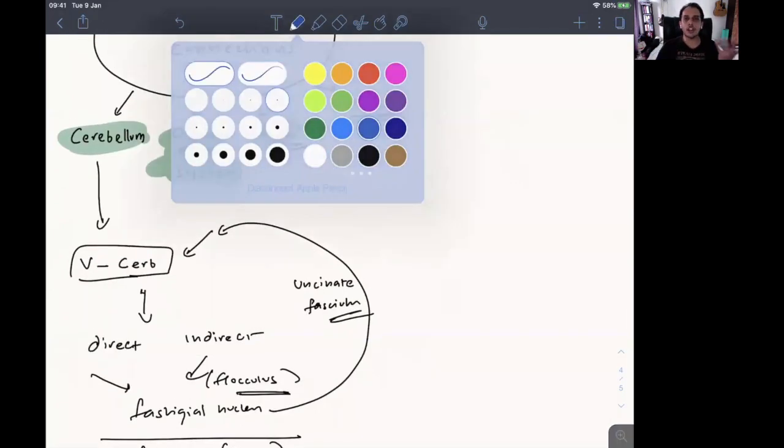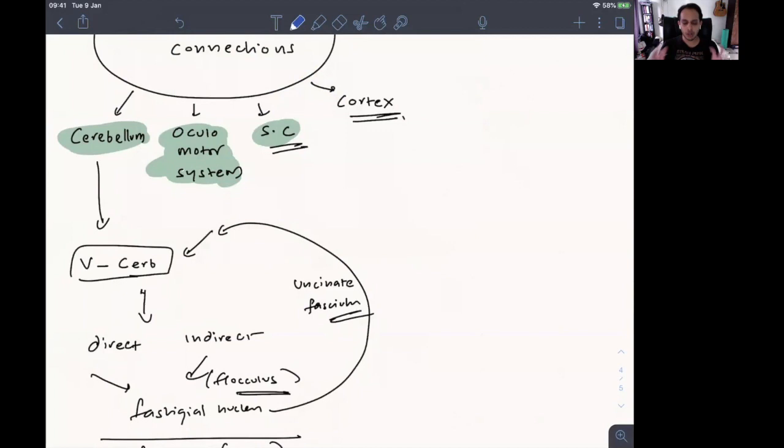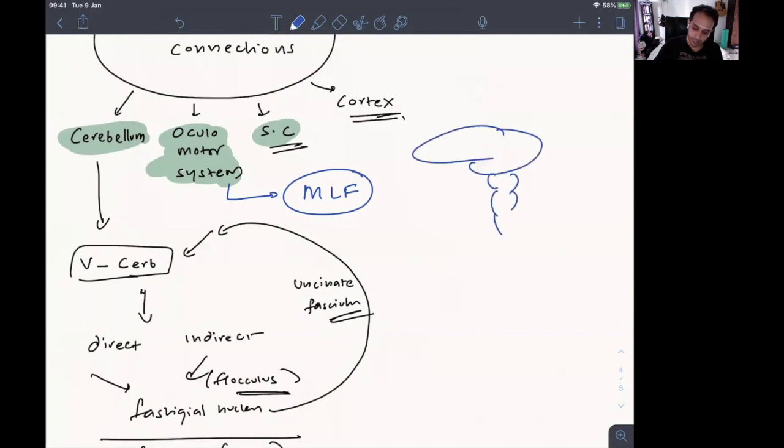What about the oculomotor? Main connection with the oculomotor is through medial longitudinal fasciculus. Now, from our discussion of eye movement, you may remember that in the brain, you have your third nerve nucleus. So cranial nerve 3 and cranial nerve 4 are in the midbrain, and cranial nerve 6 is in the pons.